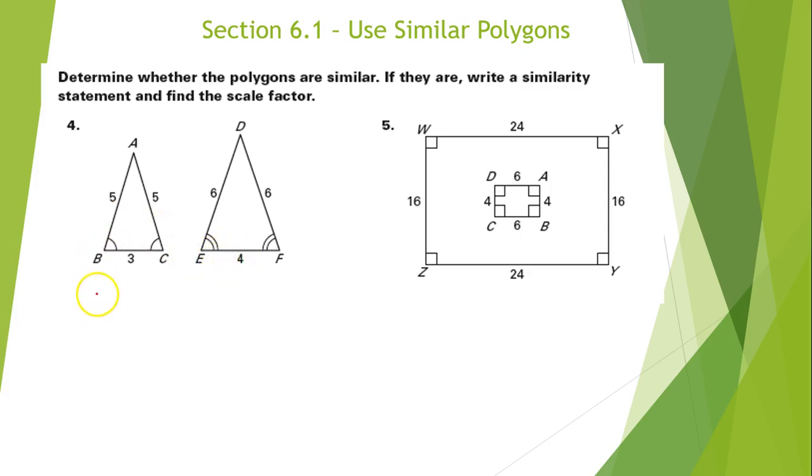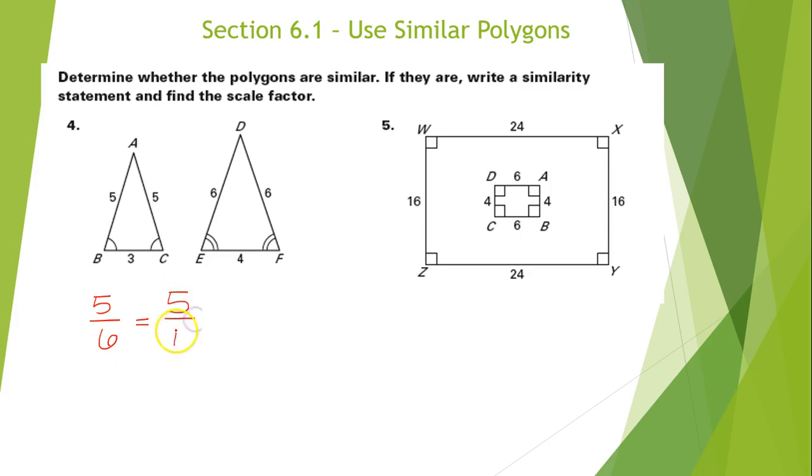Let's make it a statement of proportionality here. We can say AB corresponds to DE because these triangles look similar, so let's see if they are. Let's see, 5/6 should be equal to this other side, 5/6. That's true.